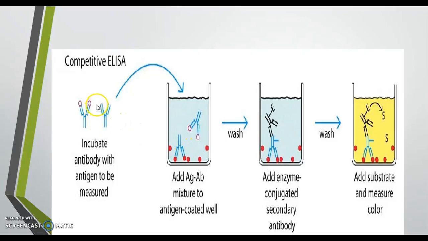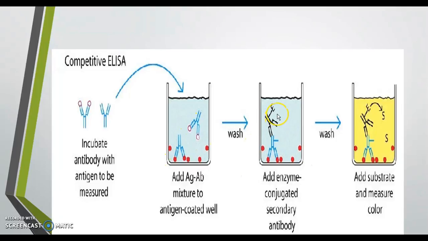So the antibodies in the reaction that were not able to bind to the antigen will then bind to the antigen on the walls of the ELISA plate. This means the higher the antigen in the sample, the lower the amount of antibody that is going to be bound to the antigens in the ELISA plate.